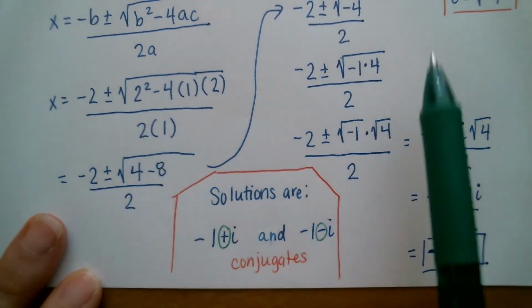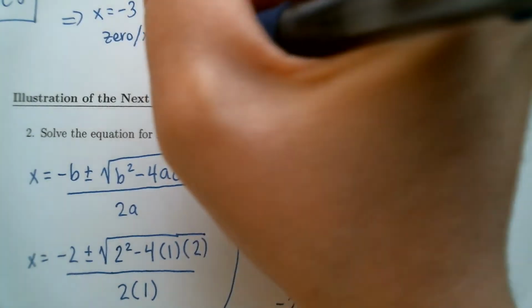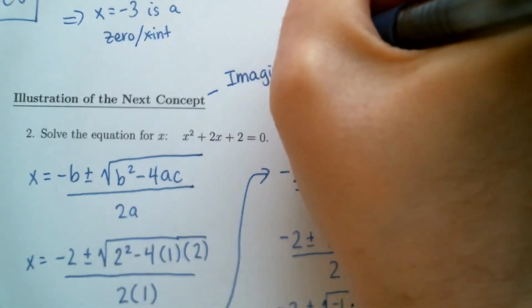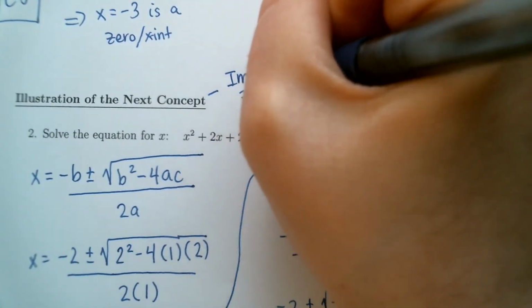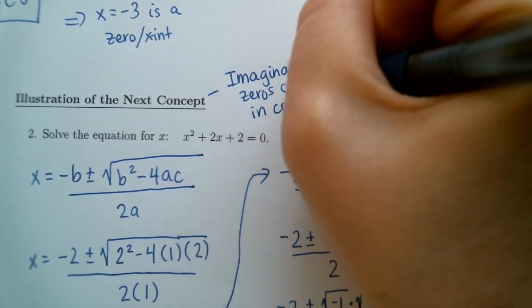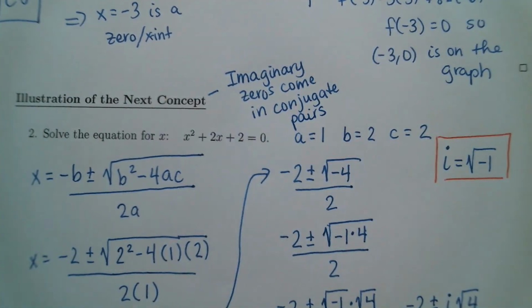So the reason I did this example is to tell you how imaginary zeros work. They come in conjugate pairs. So I'm going to put that right here: imaginary zeros come in conjugate pairs. Always, not just for quadratics, but with polynomials of higher degree too.